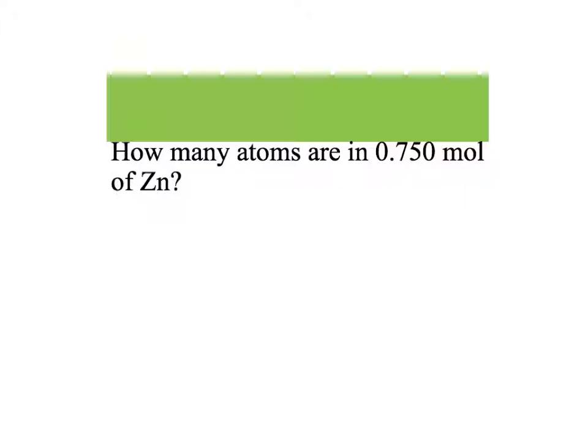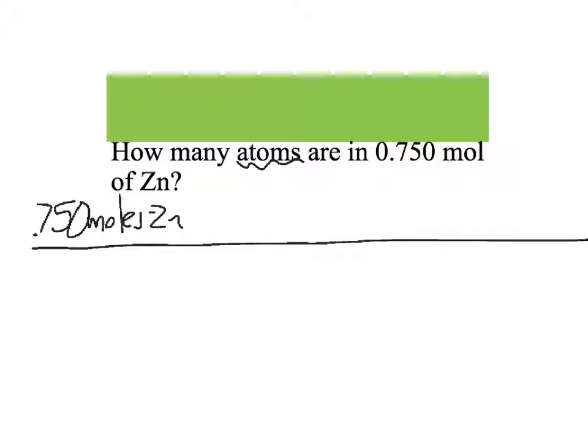In the next problem, I am doing just the opposite. How many atoms are there in 0.75 moles of zinc? So I'm going to start with 0.750 moles of zinc. For every 1 mole of zinc, and again, this can be any element.